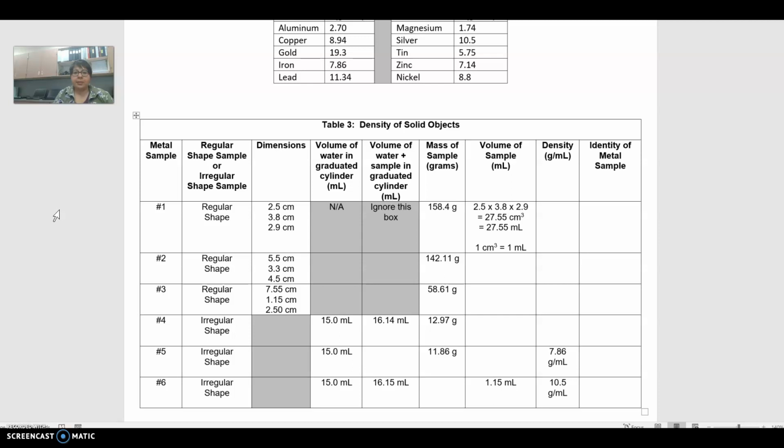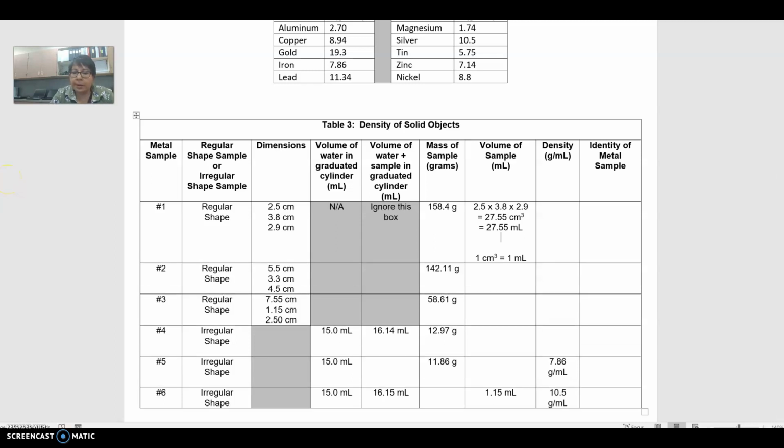Now, if I'm reporting this in the correct number of significant figures, if I look at the three values that were given as my measurements, the 2.5, the 3.8, and the 2.9, they all have two significant figures, so I need to round this to exactly 28 mLs.